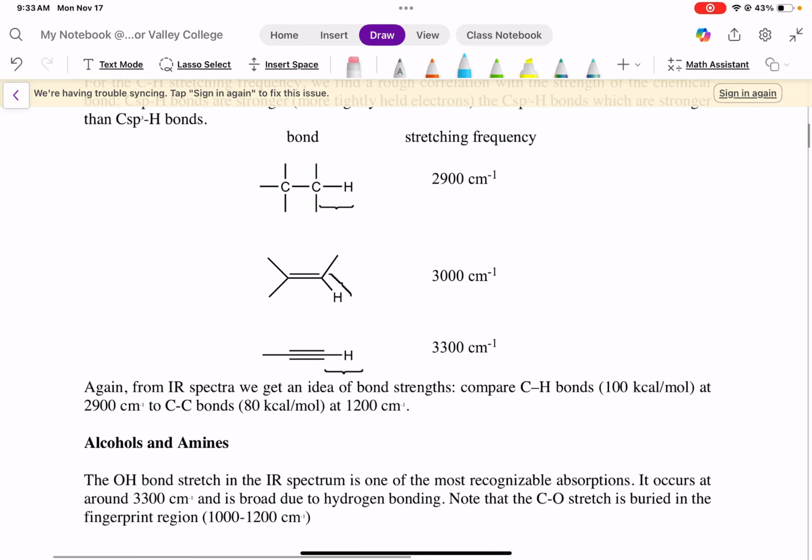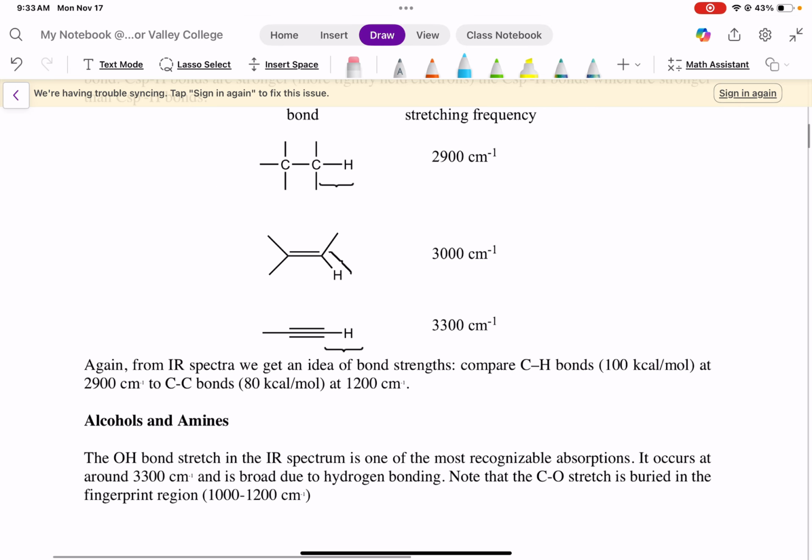A CH bond, regular CH bond in alkane, 2900, 3000. Double bond, they're really close. Triple bond, a little standout there. It's still a CH bond though. It's just on the carbon that's sp. This is sp, this is sp2 carbon, and this is sp3 carbon. Okay, so that's the difference.